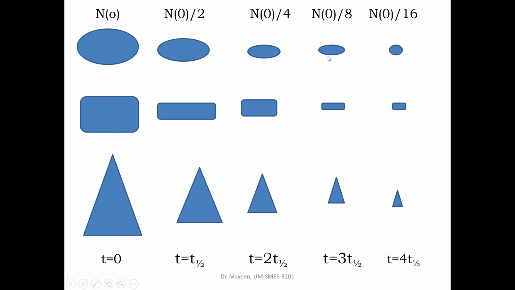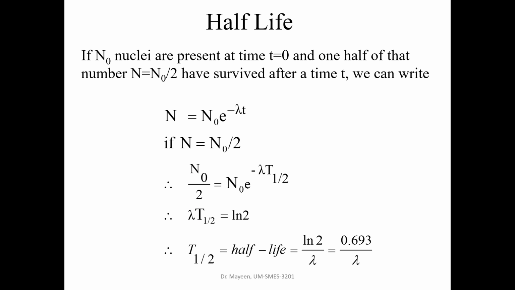You can see that the quantity is reduced, with the circle, rectangle and triangle structures differentiating the stages. You see how after each half-life the quantity is reduced. After the fourth half-life, we have this minute quantity left. So this is the typical concept of the half-life.